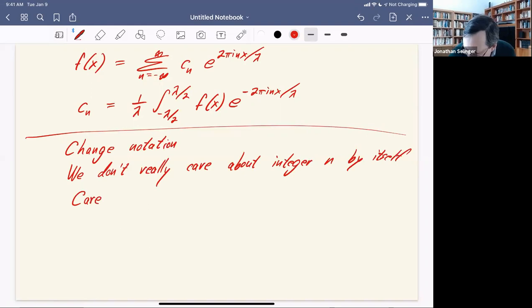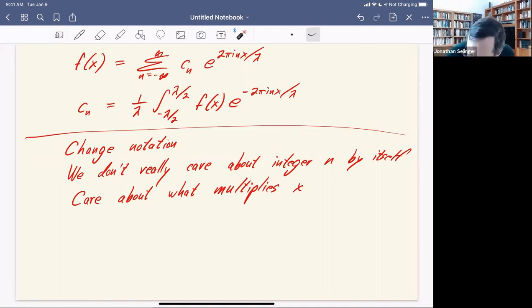Instead, what we really care about is what multiplies x. In both of these equations up here, we have an x multiplied by something.